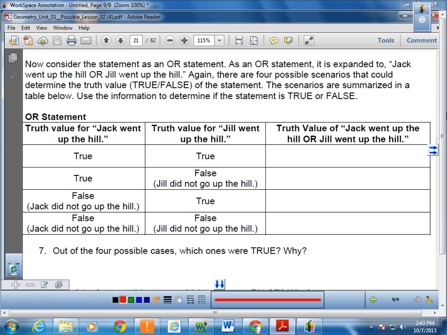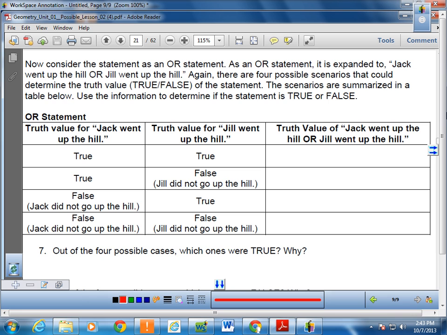As an or statement, it's expanded to Jack went up the hill or Jill went up the hill. Again, there are four possible scenarios that can determine the truth value, true or false, of the statement. The scenarios are summarized in the table below. Use the information to determine if the truth value is true or false.